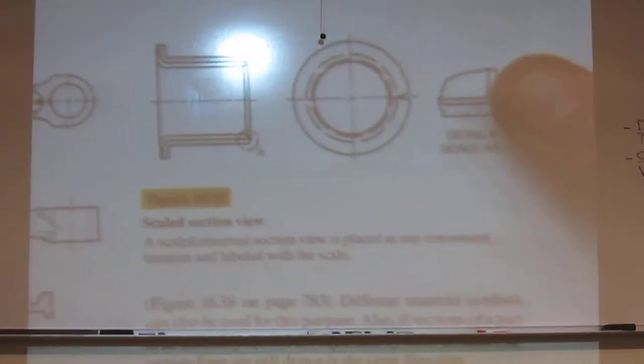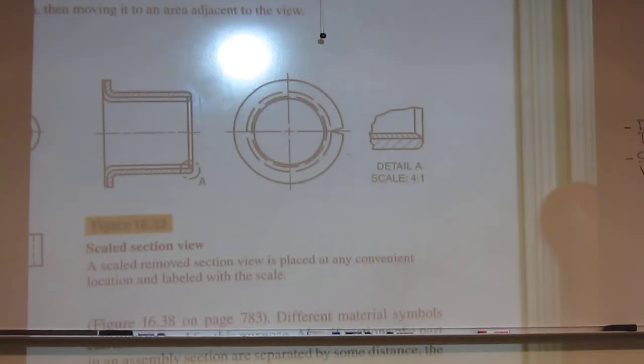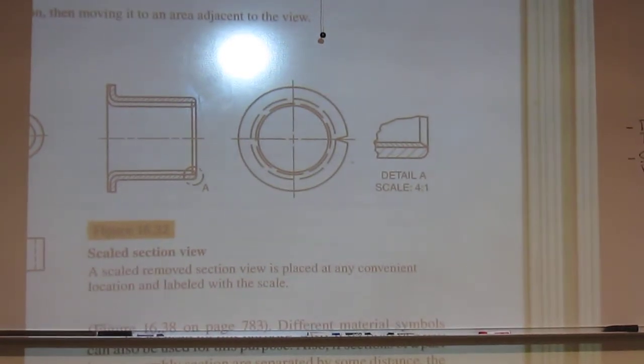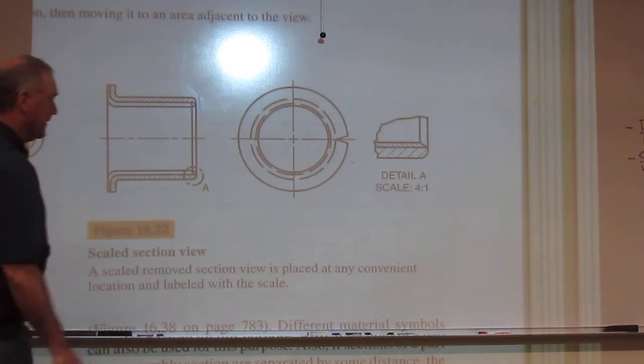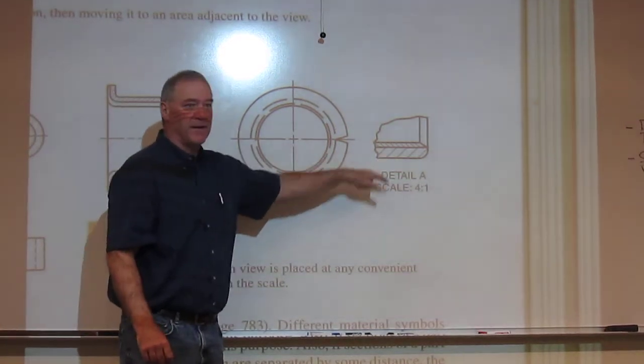We aren't really there at this point, but we have mentioned it before. You also can use this like the convention in chapter 9, where we did the removed convention. We can pull this out, change the scale to show small areas.